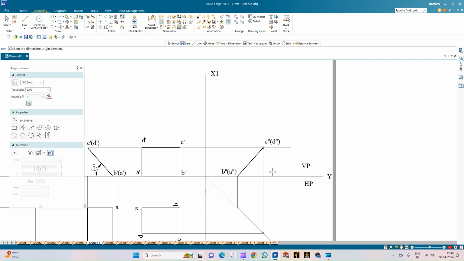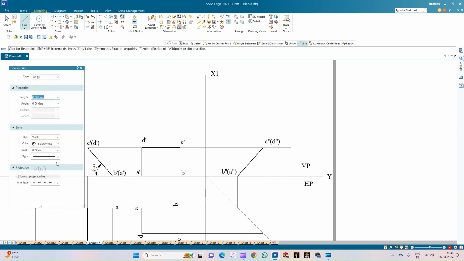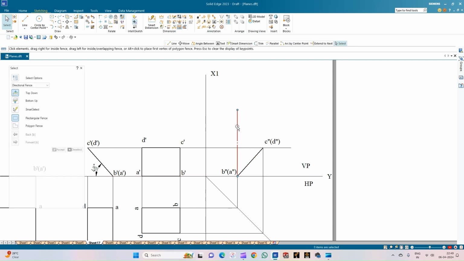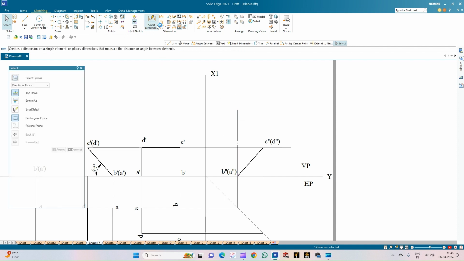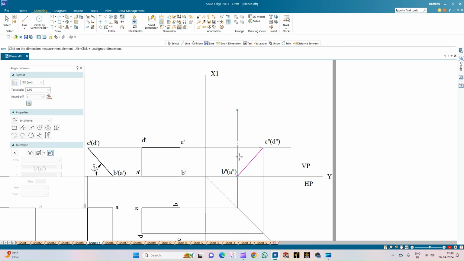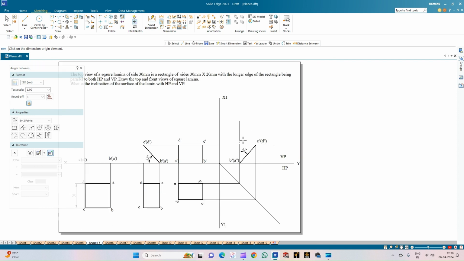To get the inclination with respect to the VP, we can draw the construction line from this point, with the thickness of the construction line being 0.13, and then measure the angle between this side profile view and the construction line, and the angle is 42 degrees. So with respect to the VP, the inclination is 42 degrees, and with respect to the HP, the inclination is equal to 48 degrees.